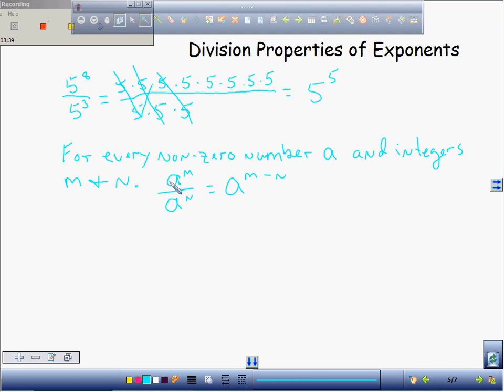An integer is a whole number which can be negative or positive. If the bases are the same, this number here has to be the same. But if it's division, all you have to do is subtract the exponents.